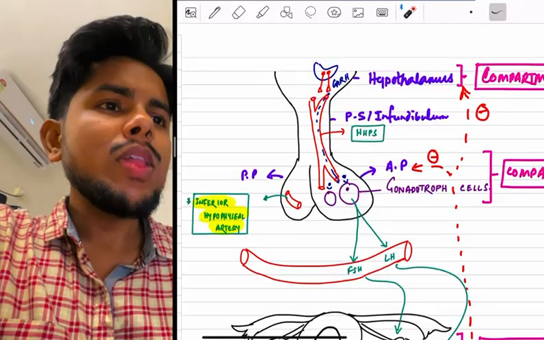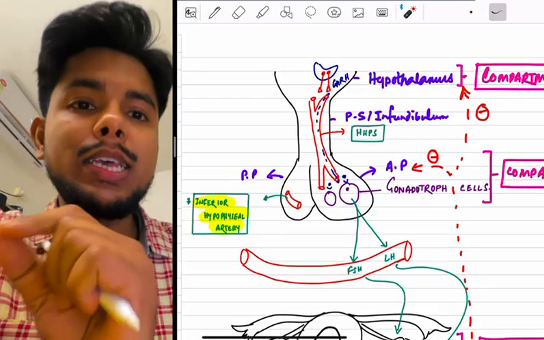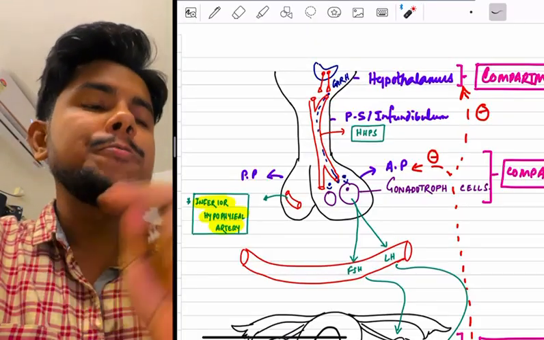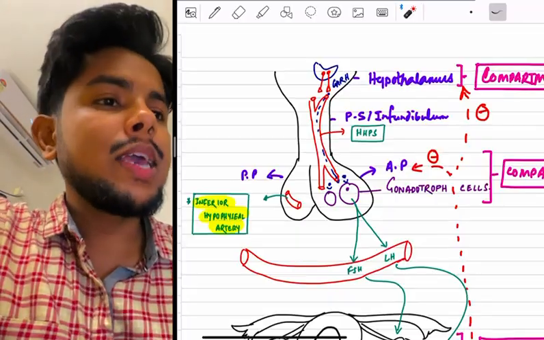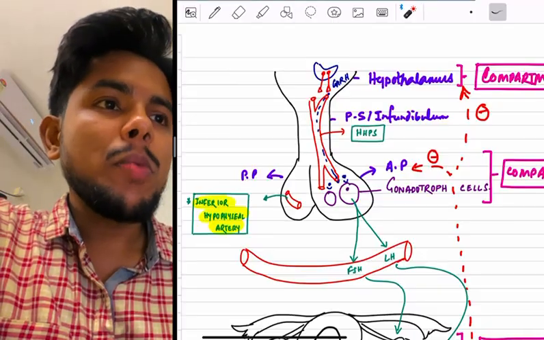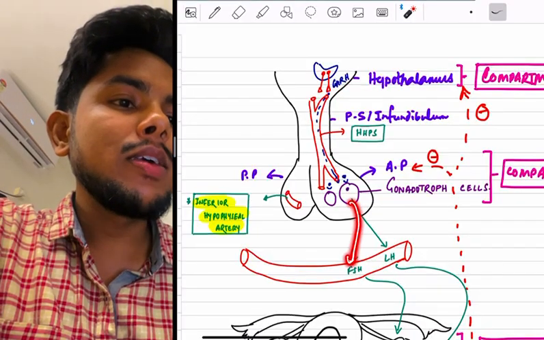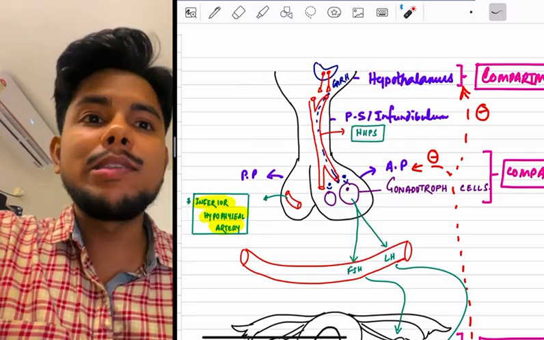I already discussed that all the hypothalamic as well as all the pituitary hormones, both anterior and posterior, are peptide hormones. They're essentially proteins. When the gonadotrope cells are stimulated by the hypothalamic hormone, which is GnRH, they release two important gonadotropins: one is FSH, one is LH.